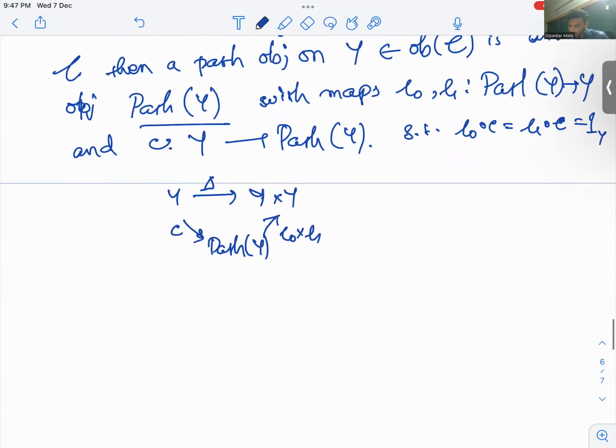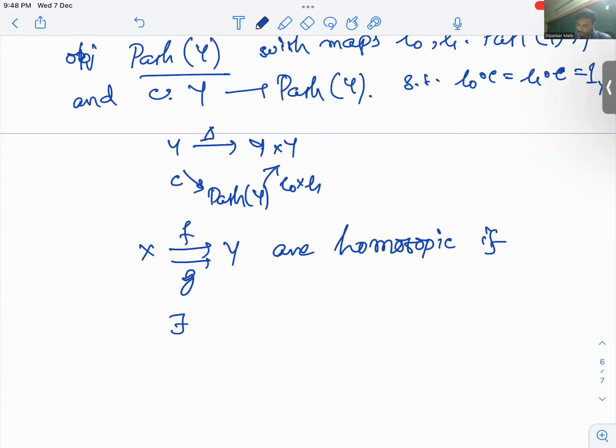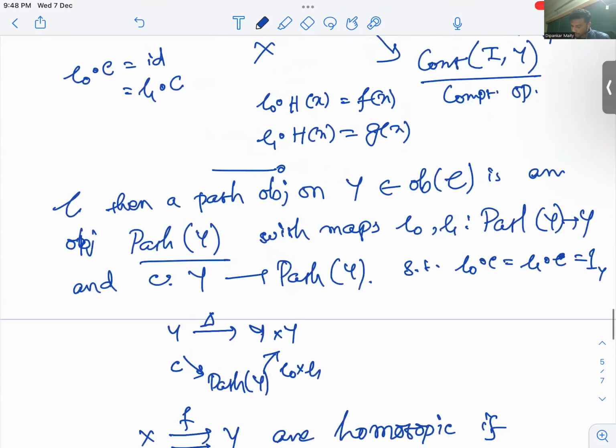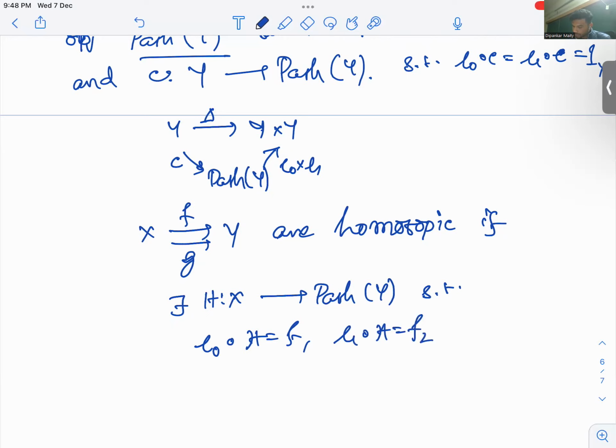And in this case, you say that two maps F and G from X to Y are homotopic if there exists a map from X to path Y. So in this case, it was a map from X to path Y, such that L0 composed with H is equal to F, and L1 composed with H is equal to G. All right.